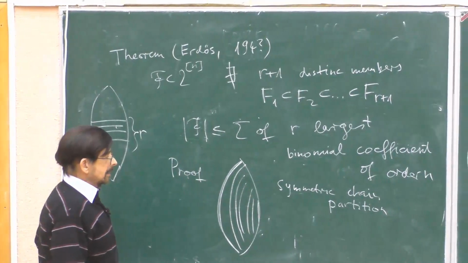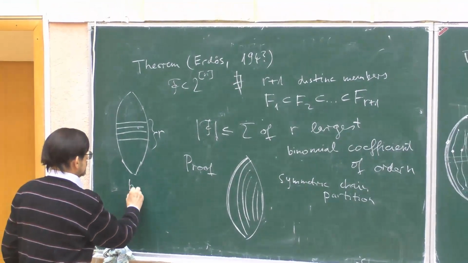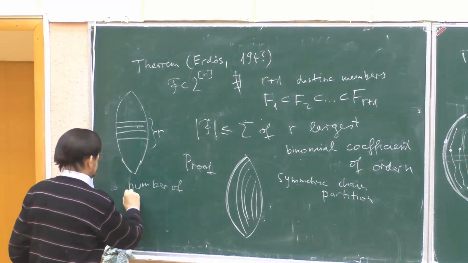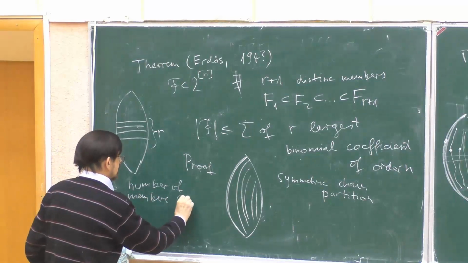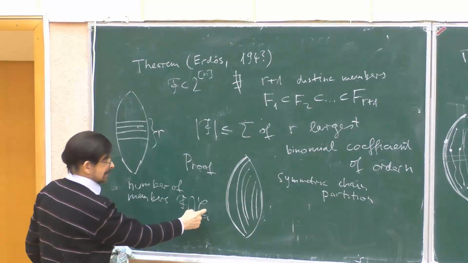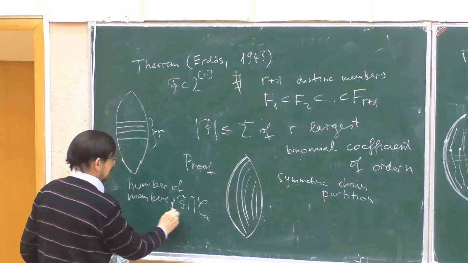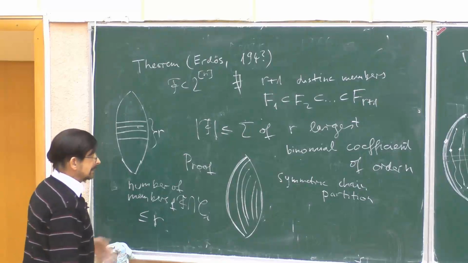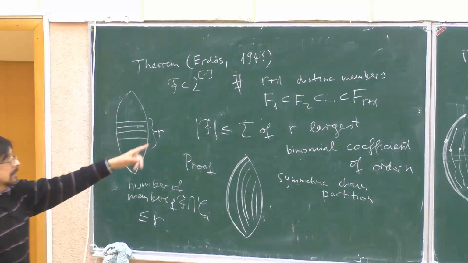One chain. The number of members, say, so in one, this is one chain, of is at most R. We cannot have R plus 1 in one chain, because that would contradict the condition.